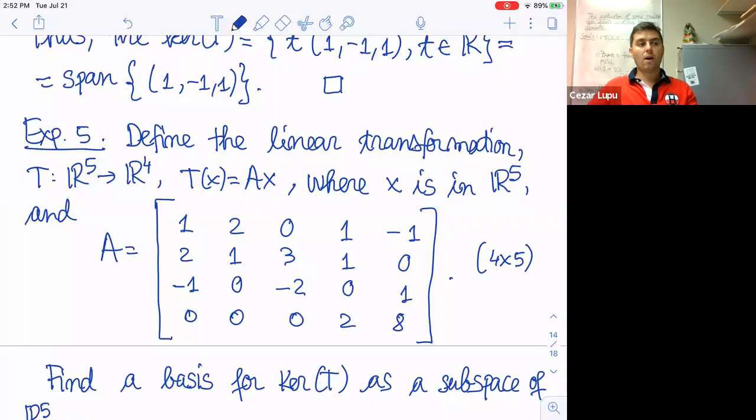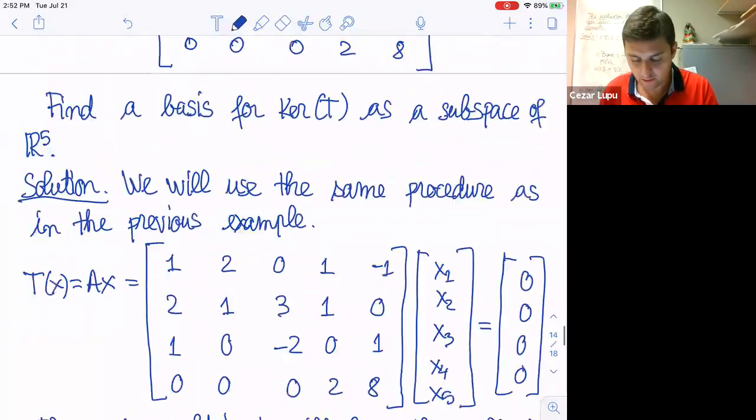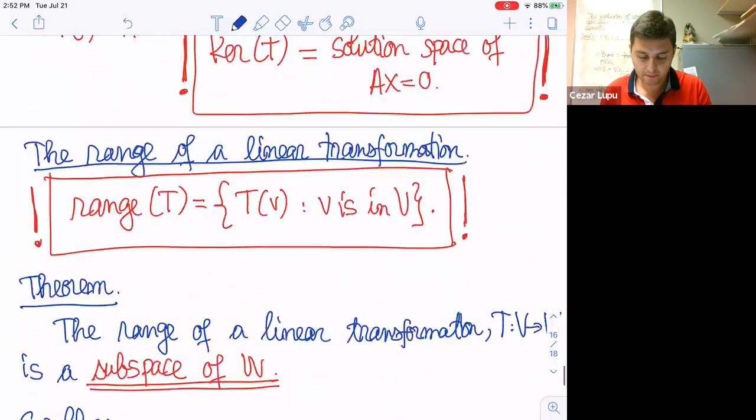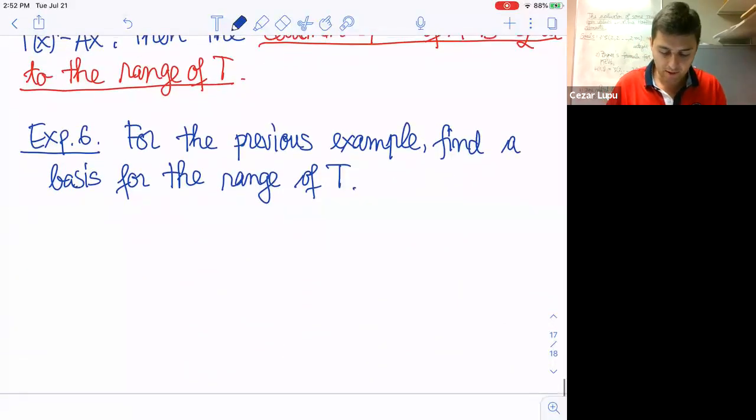What we want to do to this matrix is find its row reduced echelon form. So let's do it. Let's write the matrix again. The matrix A was given by the following.